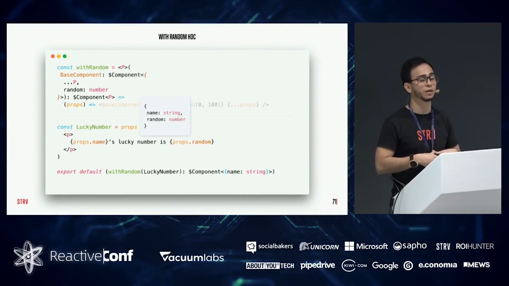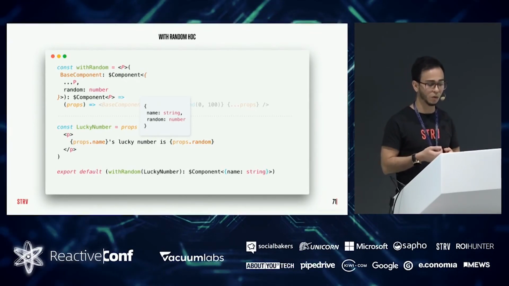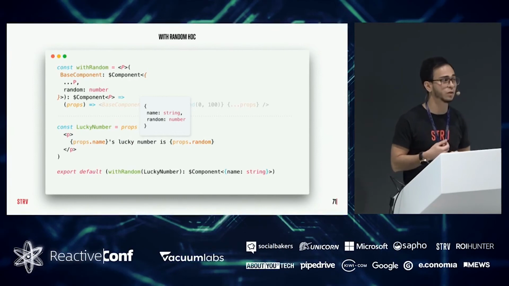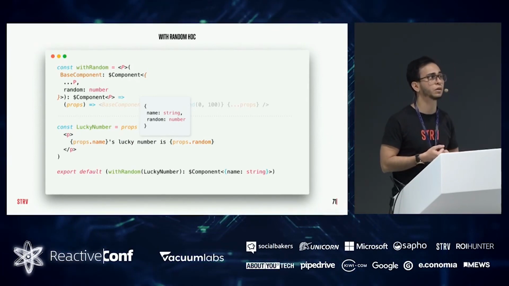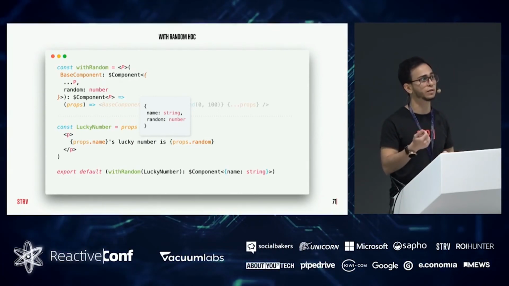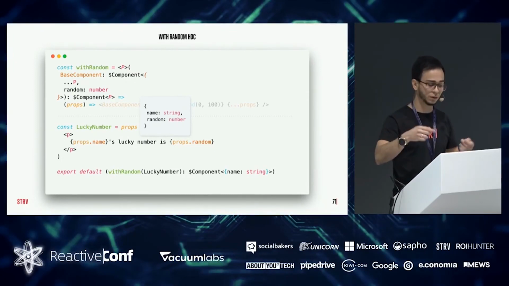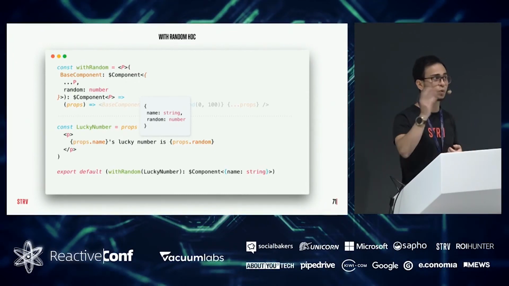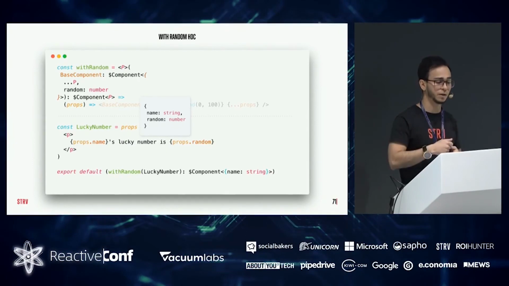So this higher order component is no longer coupled with this lucky number, because we're just taking whatever is inferred on the casting from the bottom and then spreading it inside the base component.